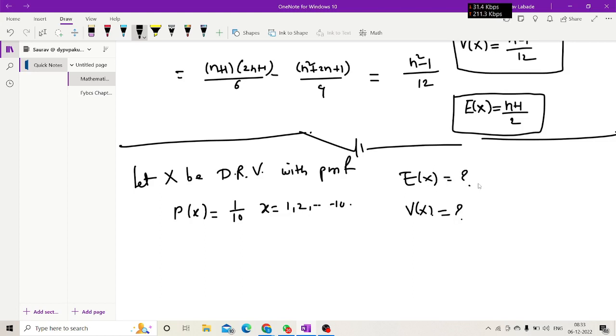Yes, tell me. Okay, this is the PMF. I have the probability mass function. Then tell me what is the expectation of x and variance of x. Yes, anyone?